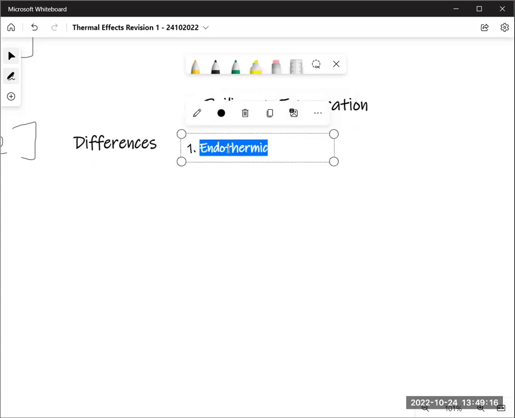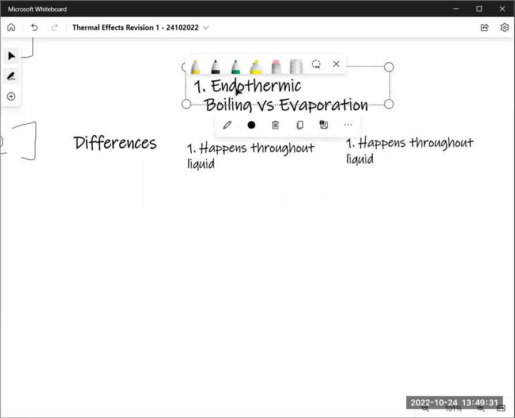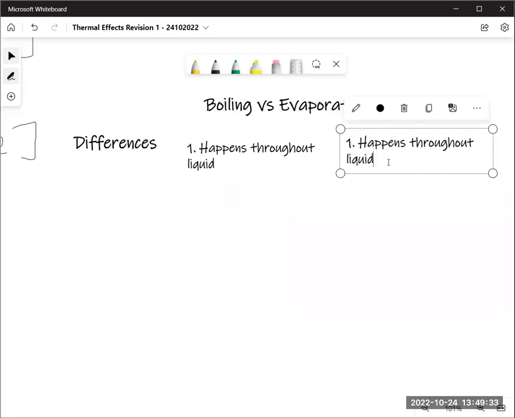Let's remove that part. Let's say, okay, boiling happens throughout the liquid, while evaporation happens where? Ayan, tell me. Happens at the surface.